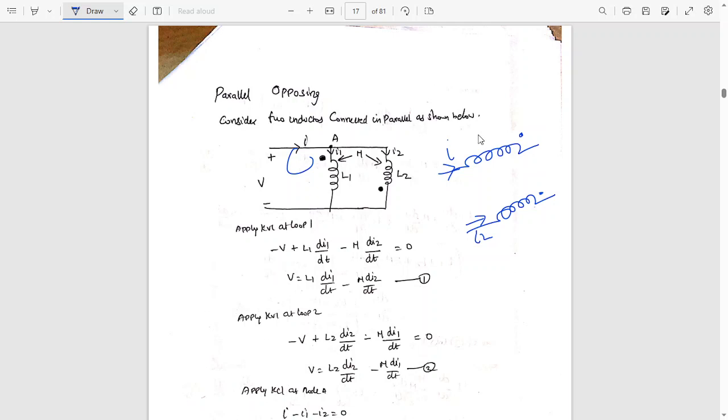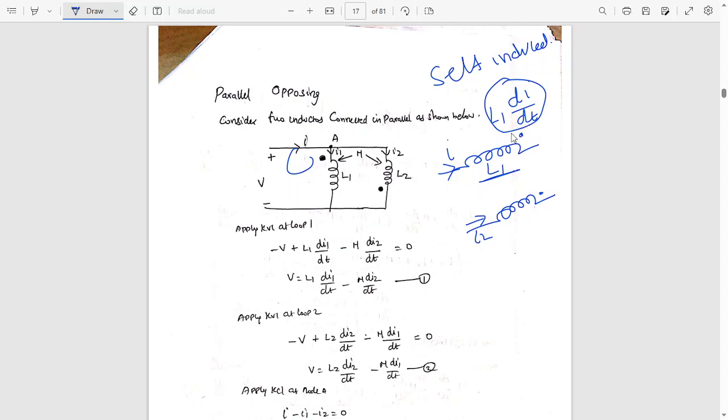The self-induced voltage will be due to the current I flowing through this inductor L1, so I will write that as L1 di by dt. This is the self-induced voltage. There will be two different voltages in this inductor: the self-induced voltage and the mutually induced voltage.